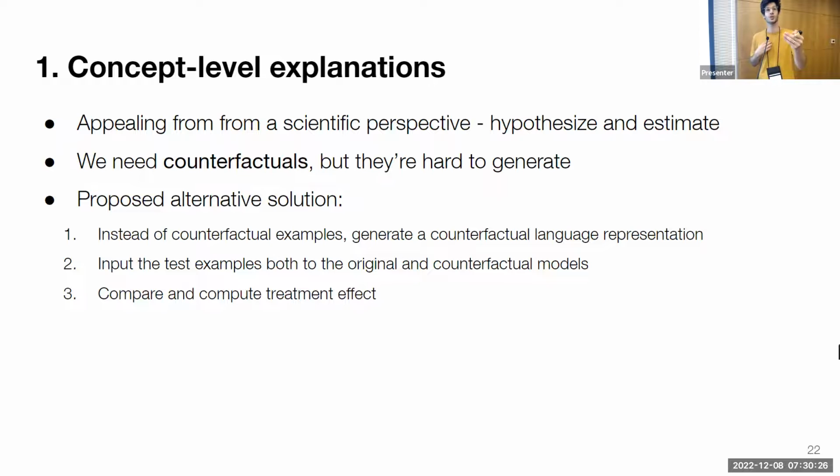If we can imagine another language model, which is the same as our original model, but where we intervened on the representation such that some abstract concept is not visible in there, then instead of comparing predictions on original and counterfactual examples, we can compare predictions on the original example's representation and the same examples represented through my counterfactual language model.